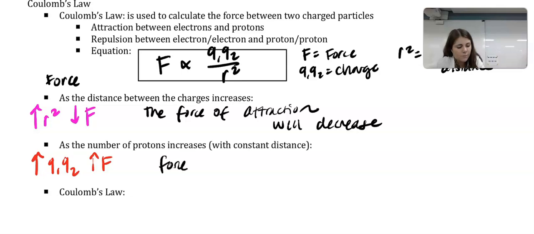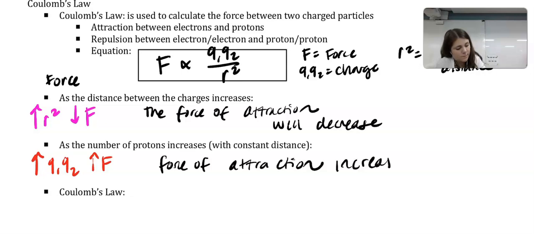One thing I like to think of to memorize that is, if I'm increasing the charge, the number of protons, I'm getting a bigger magnet. Larger magnets are going to have larger forces of attraction.